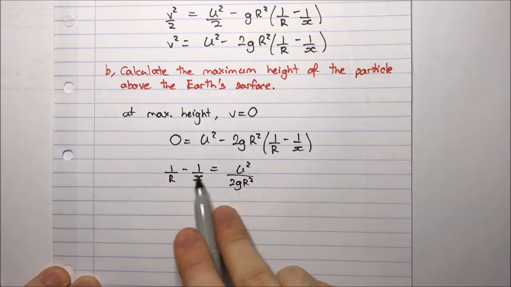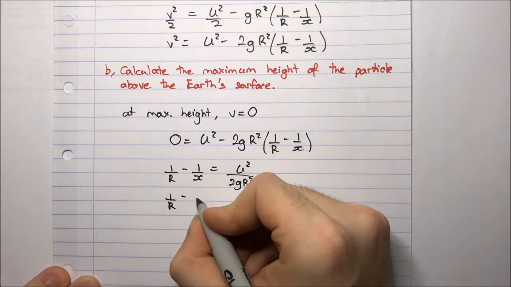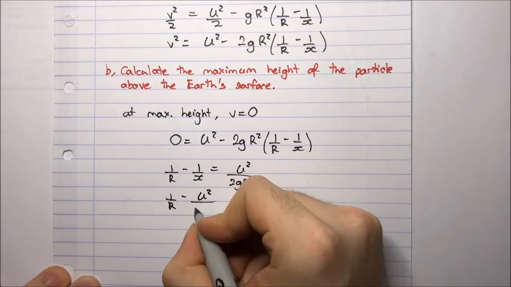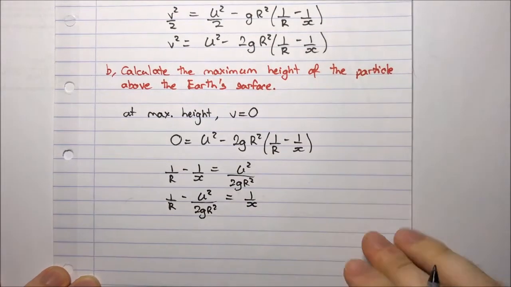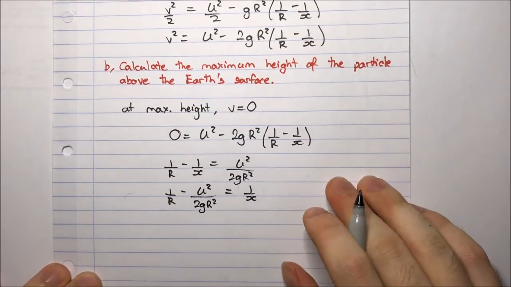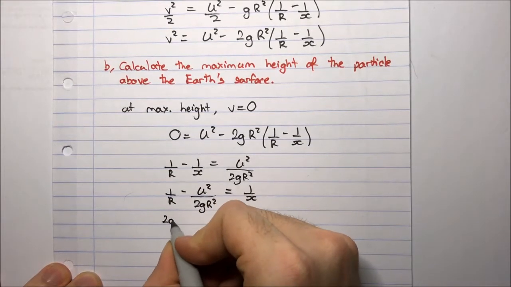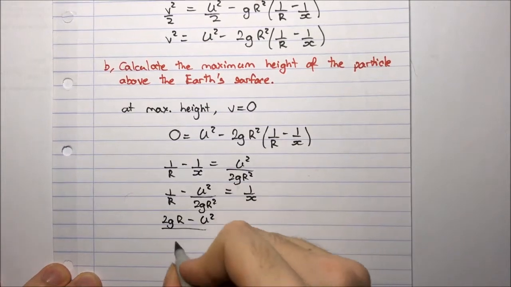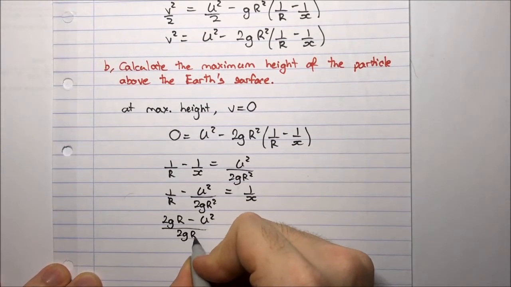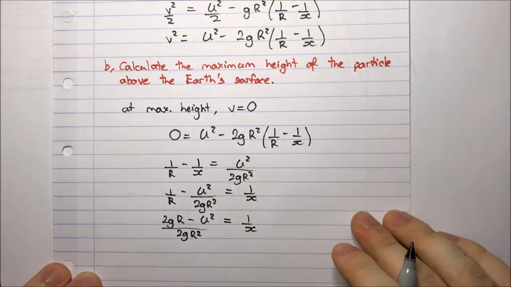Now bringing the 1 on x over here and this expression over here, I get 1 on R minus u squared over 2gR squared equals 1 on x. Okay, so I can make a common denominator here, and I'll get 2gR minus u squared over 2gR squared equals 1 on x.